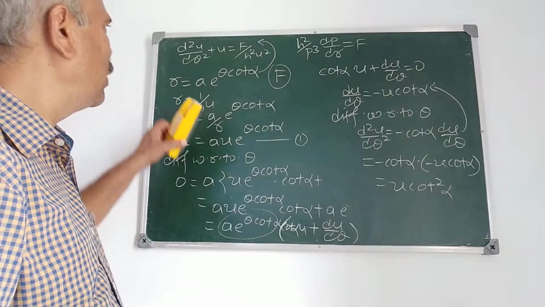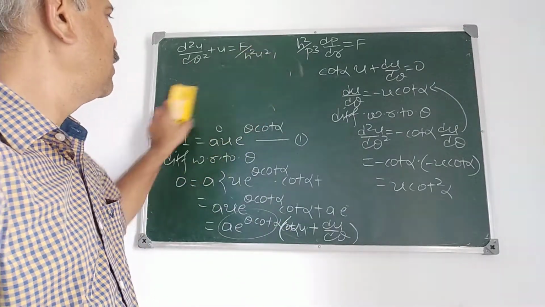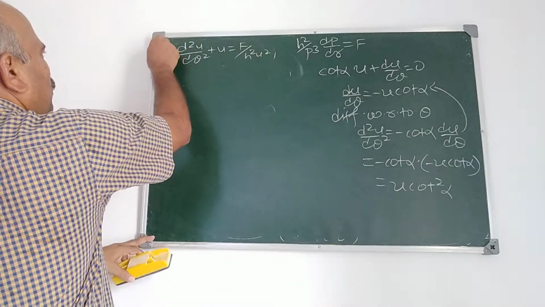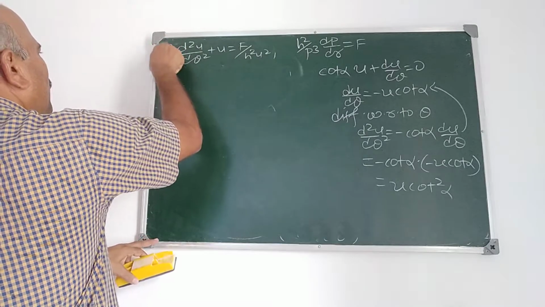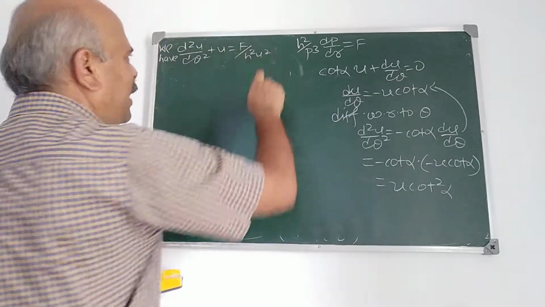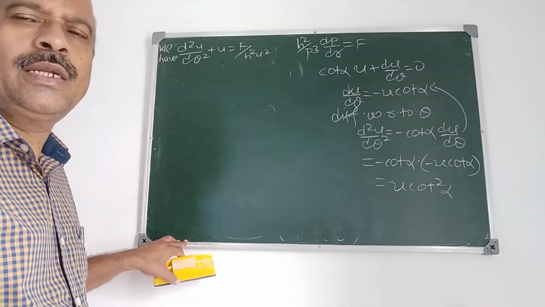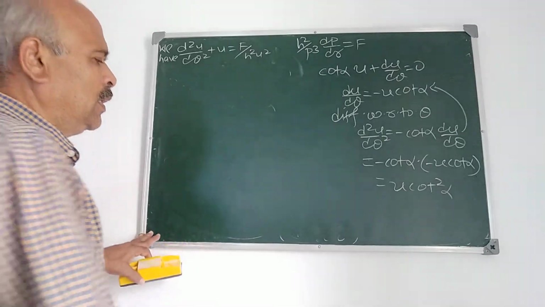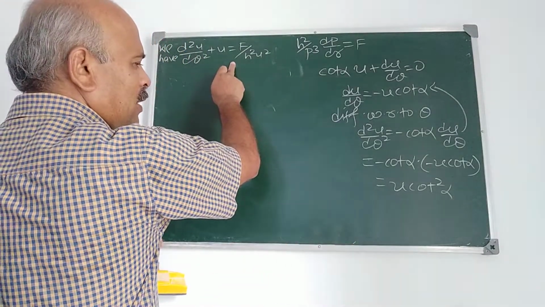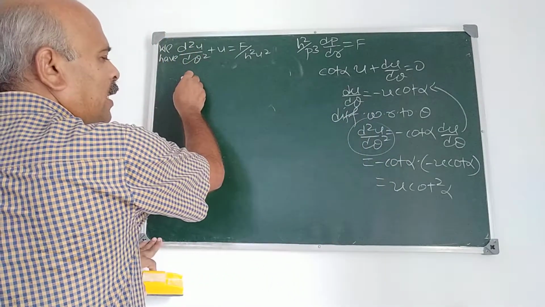Now we use the differential equation of the central orbit: d2u by d theta square plus u is f by h square u square, where f is the law of force, u is 1 upon r, and h is constant. In this equation, substitute du by d theta and d2u by d theta square.